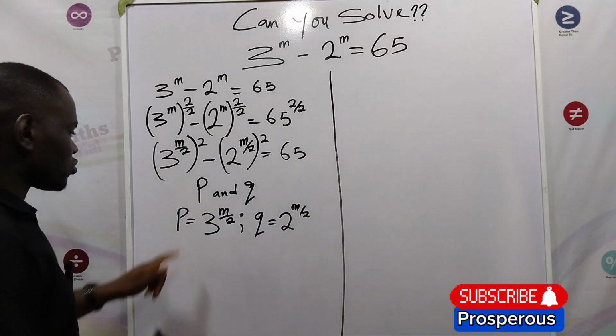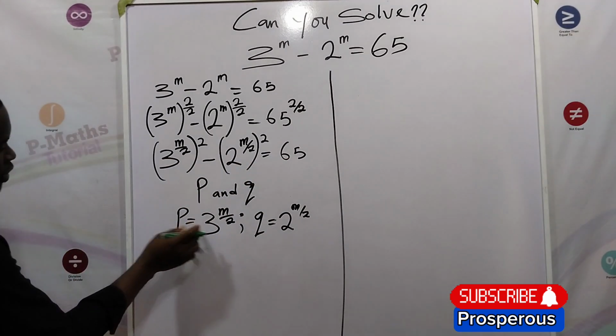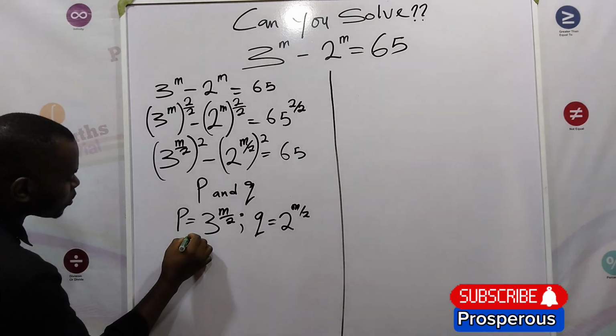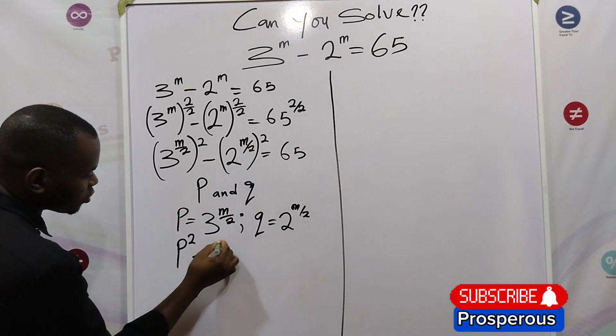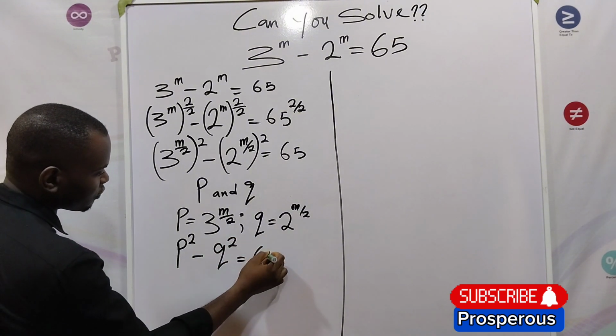So I want to substitute p and q into this equation, okay? So whenever you have 3 power m over 2, you put p there. So I have p raised to power 2 minus q raised to power 2 equals 65.